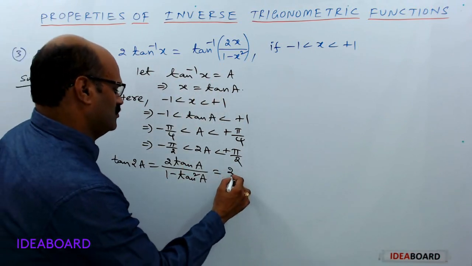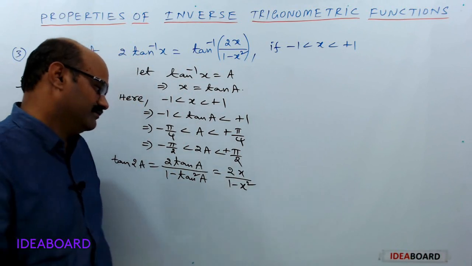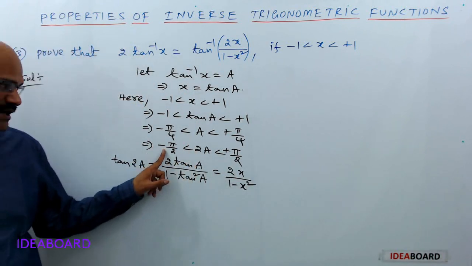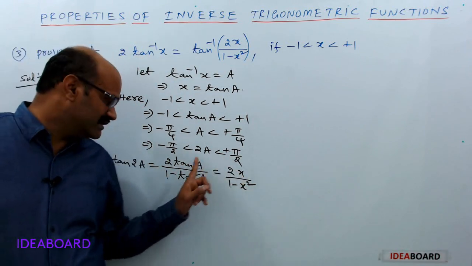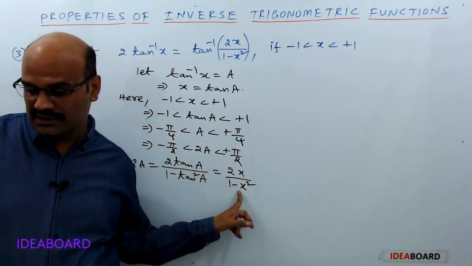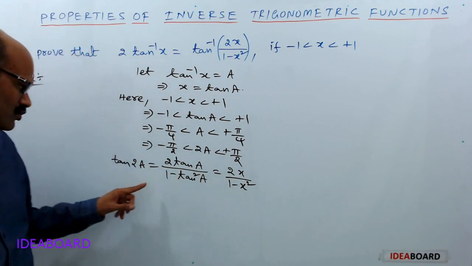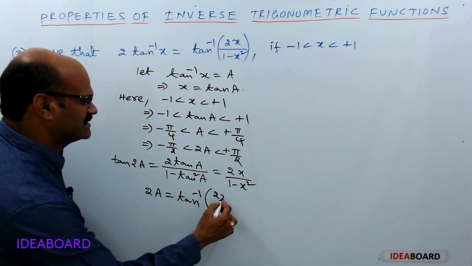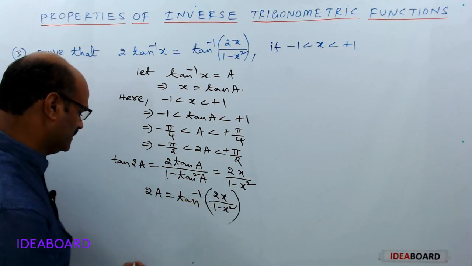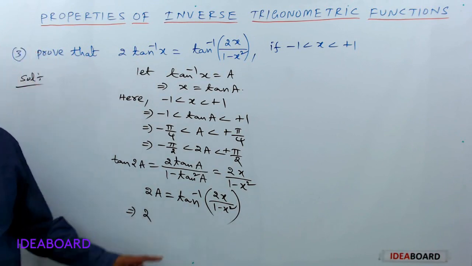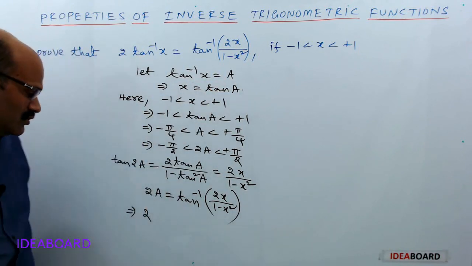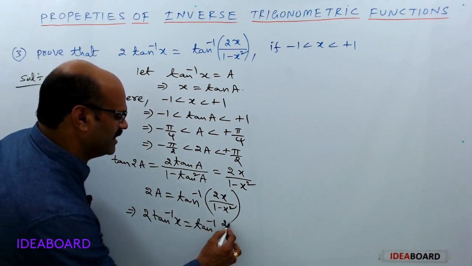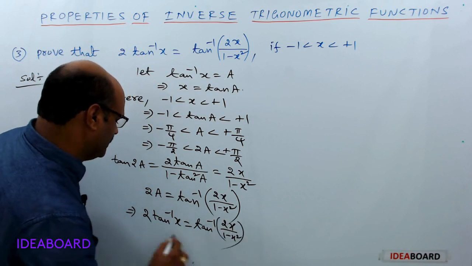So equal to 2x by 1 minus x square. Since 2a lies between minus pi by 2 and plus pi by 2, inverse of this function exists. So here we have to take 2a equal to tan inverse of 2x by 1 minus x square. So it implies 2 into a equal to tan inverse x. So 2 tan inverse x equal to tan inverse of 2x by 1 minus x square. Hence proved.